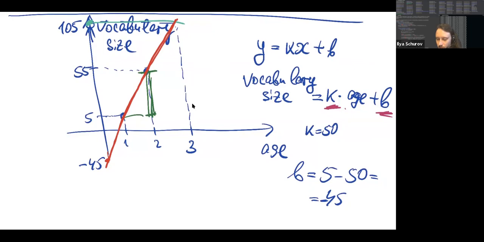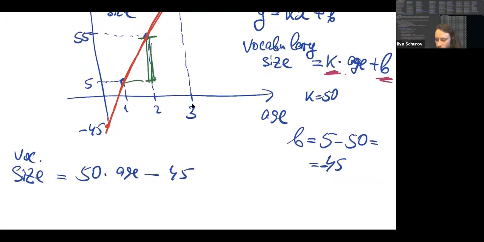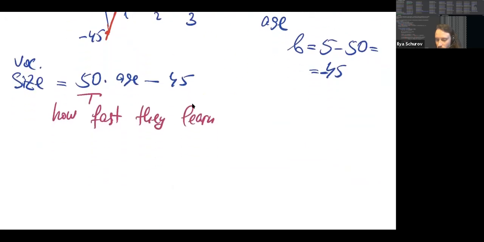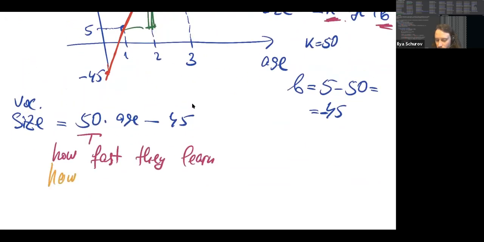So if we have vocabulary size equals 50 times age minus 45, we see that this is how fast they learn, or how many words they learn each year.